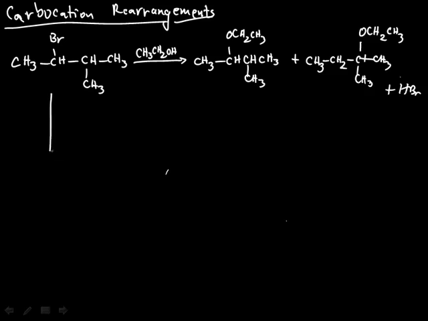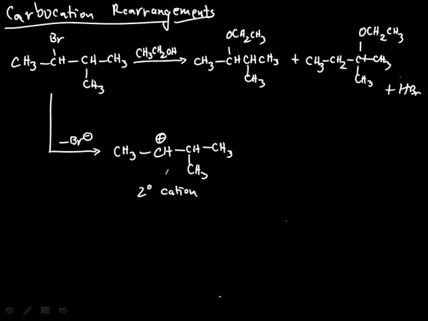Starting with this starting material, the first step is the loss of bromide to give us our cation. And if you look at this cation, you'll quickly realize that this is a secondary cation. If we draw this hydrogen, what can happen is that the hydrogen moves onto this cationic center.